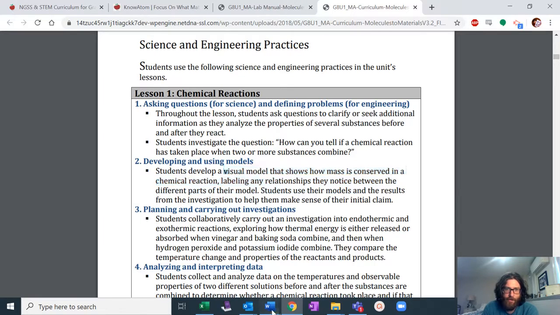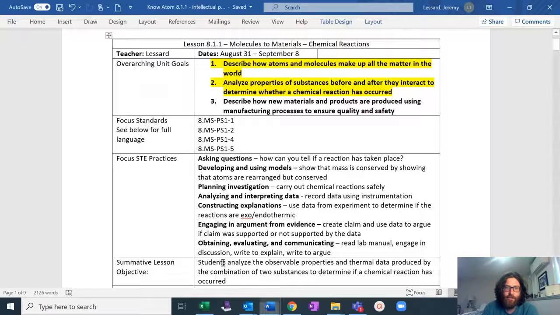It's a little more complicated than that, but I kind of pulled it out as developing and using models, showing that mass is conserved by showing that atoms are rearranged but conserved. And this is just to kind of wrap my mind around, okay, these are the skills that we're going to need. These are the content knowledges that we're going to need to achieve.